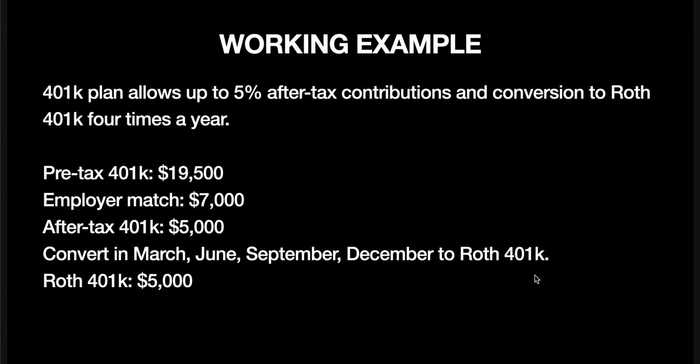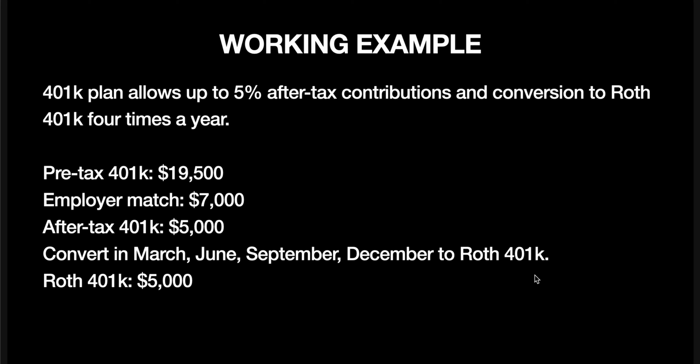Then, because this plan allows for a conversion 4 times per year, this person would convert in, just to keep it orderly, March, June, September, and December, the after-tax contributions to the Roth 401k.